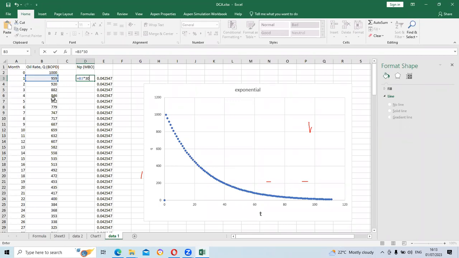Then I'm going to divide it by 1,000, because I want the result to be in thousand of barrel.